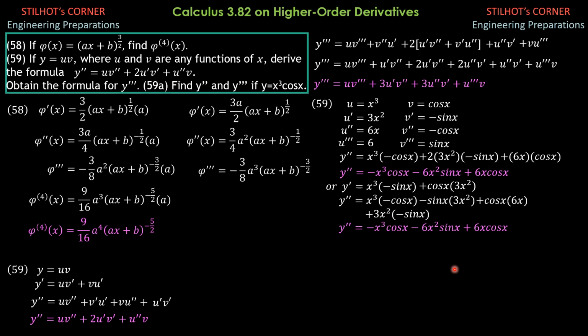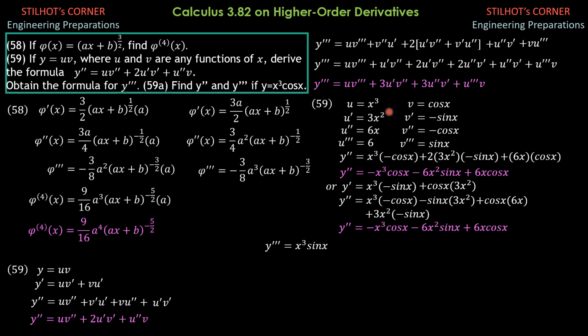And finally, for y triple prime, I'll use the formula first, but this is not the recommended way of arriving at y triple prime. You will just use the result of y double prime, then differentiate it again. So for the first part, I'll use the formula u v triple prime, where u is x cubed and v triple prime is sine x.